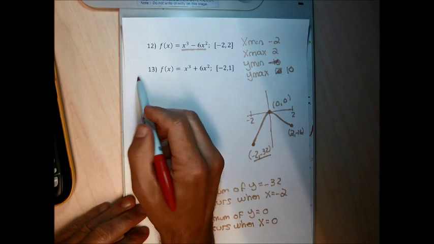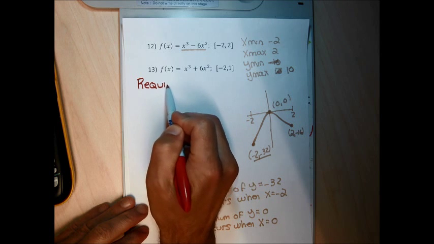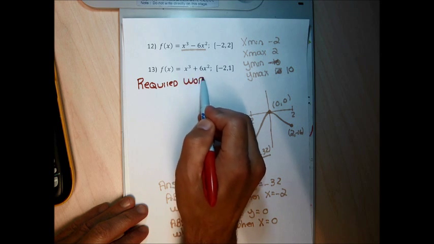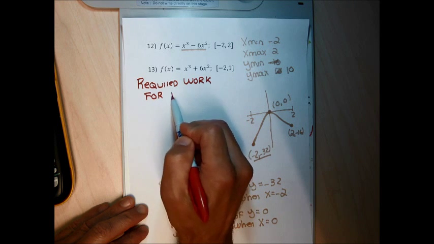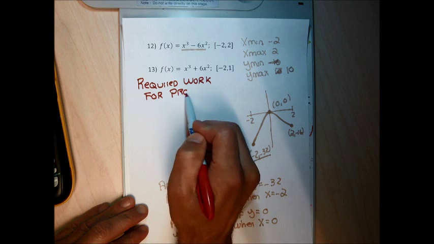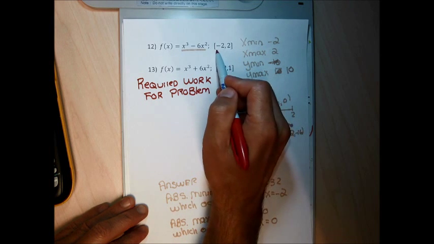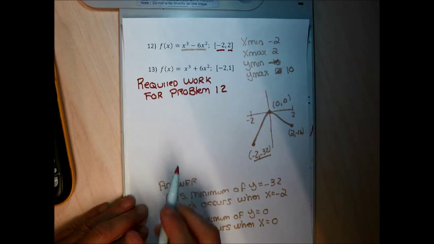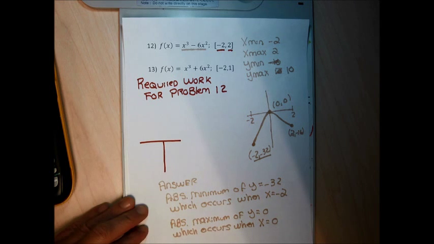So the work that's required to get full credit on the test is to take the derivative, find any critical numbers between the given values of x, negative 2 and 2, make a table, find y values, and use that table to answer my question.